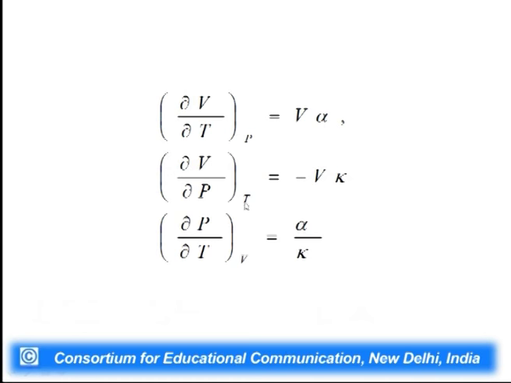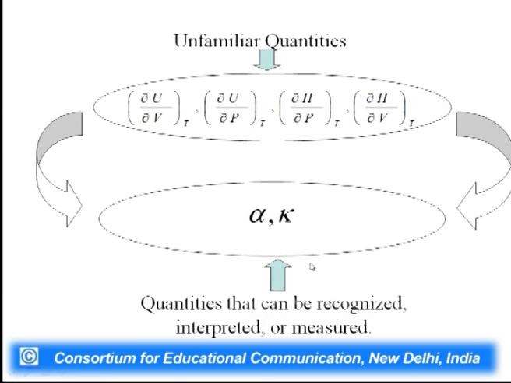Del V by del P at constant T is called isothermal compressibility, and del P by del T at constant V can be expressed in terms of the thermal coefficient and isothermal compressibility by using this equation, alpha by kappa. So basically what we want to express in thermodynamics is these quantities in terms of alpha and kappa.